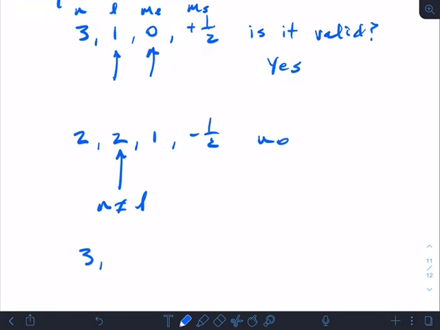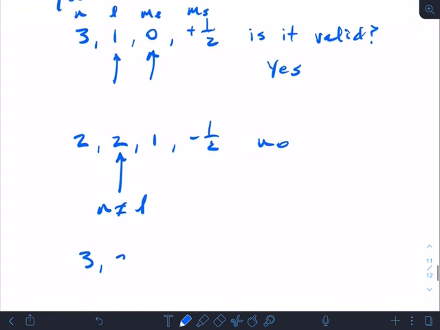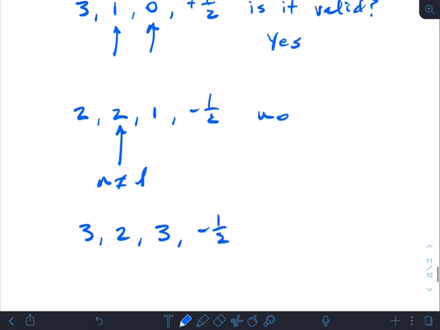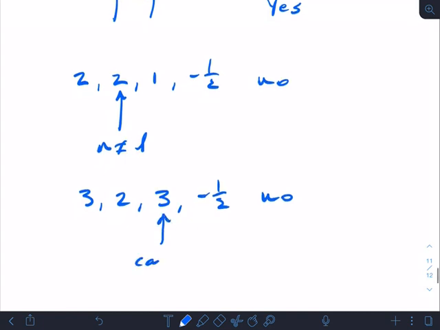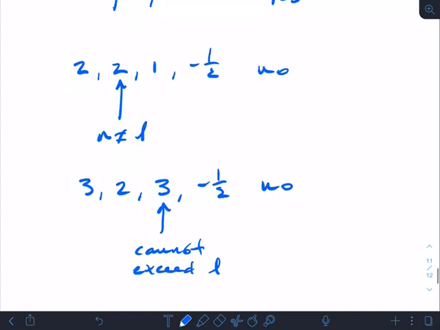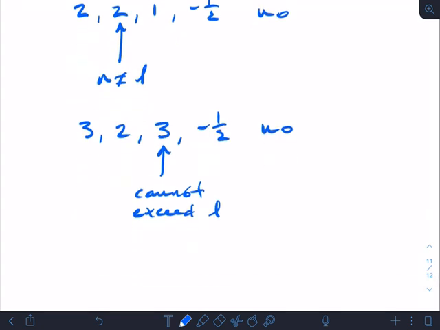If I had 3, 2, 3, and minus a half, is it valid? No, because m sub l cannot exceed l. So you need to be able to determine whether or not you have a valid set of quantum numbers.